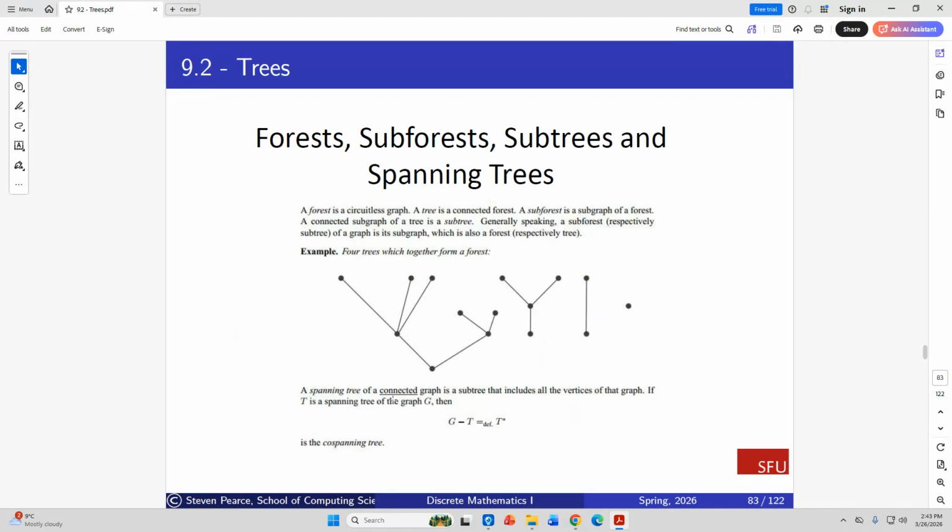Here, let's just have a look at this. Four trees which together form a forest. A spanning tree of a connected graph is a subtree that includes all the vertices of the graph, as we just said.